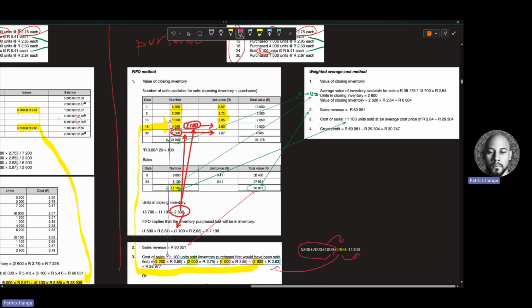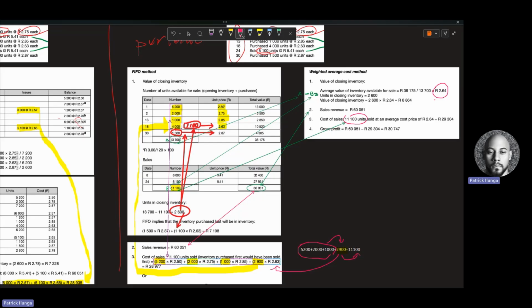As for the weighted average, it's straightforward because you know the number of units that were sold. The cost of sales will be at the weighted average cost of the period.